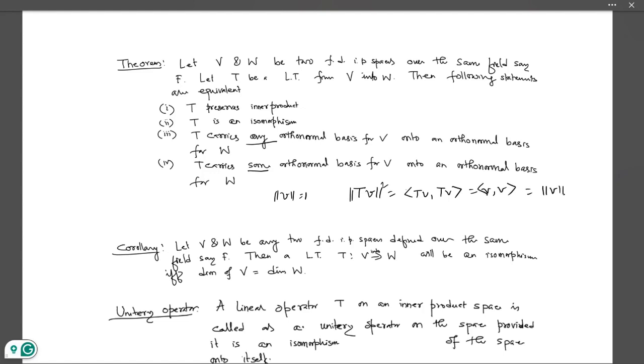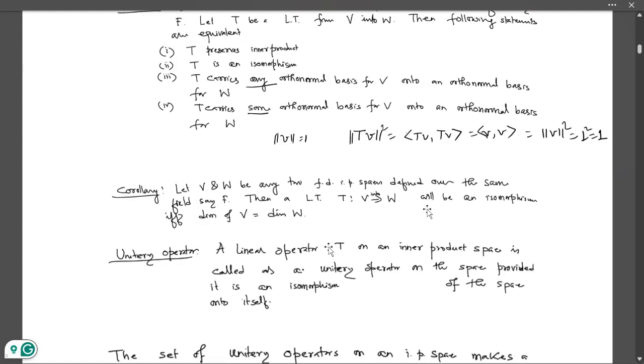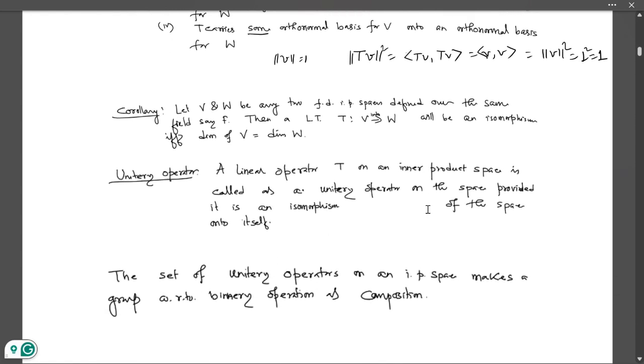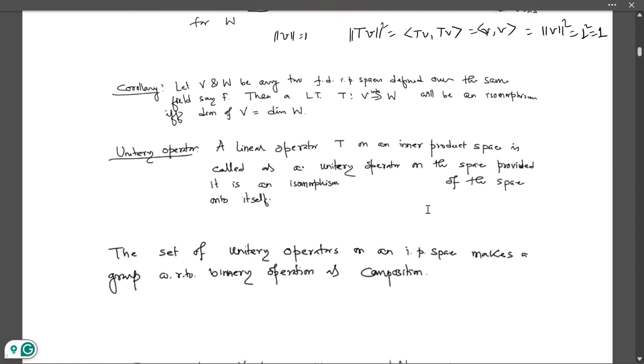This is norm v square, but norm v is 1, so this is 1 square, which is 1. So the norm of Tv is also 1. That is why unit vectors go to unit vectors, and an orthonormal basis goes to an orthonormal basis. This was also proved in the class. Just check once more if you don't feel comfortable with this.